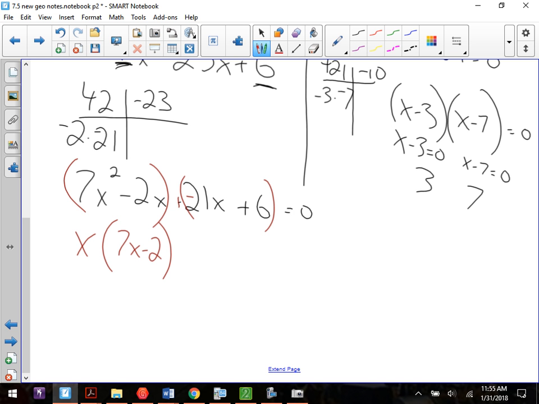What do I have to factor out of this to make it look like 7x minus 2? How do I turn a negative 21 into a positive 7? We have to divide by positive or negative? Negative. So I factor out the negative 3, I get 7x minus 2.